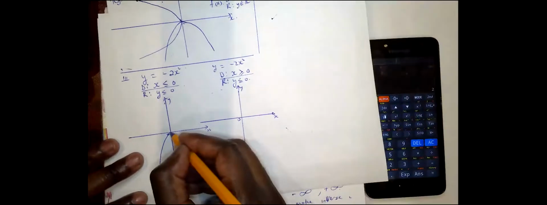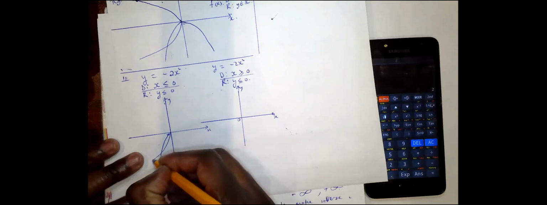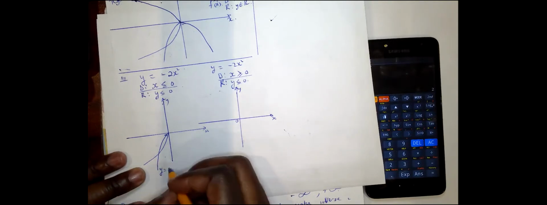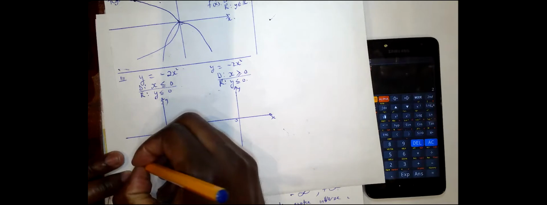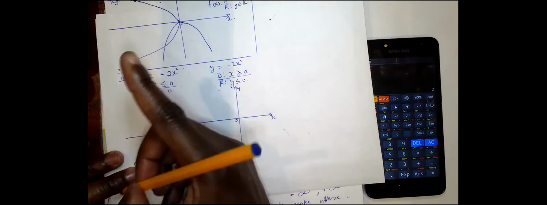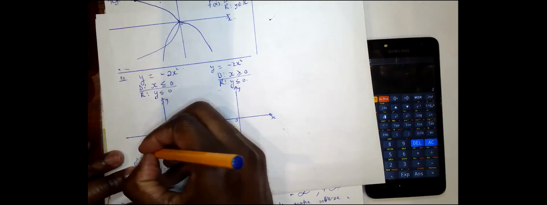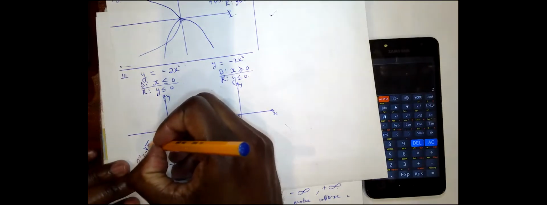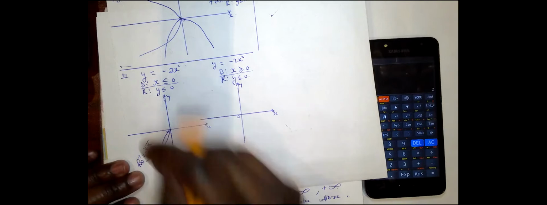Now, its inverse. What do we have here? We're going to say y equal to negative 2x squared, and this one is f inverse of x equal to, remember it's plus minus, it's going to be negative, root of negative x over 2. That's what we have there.